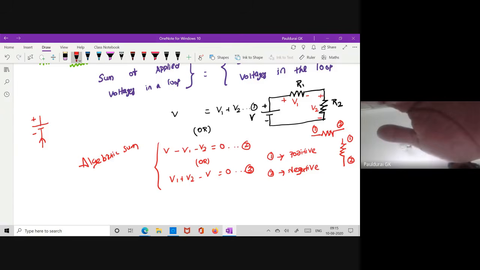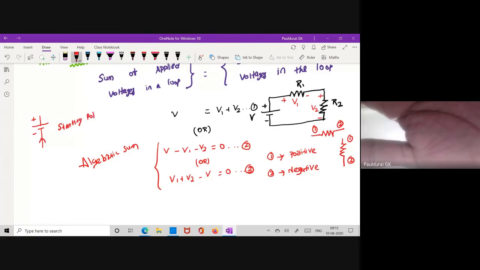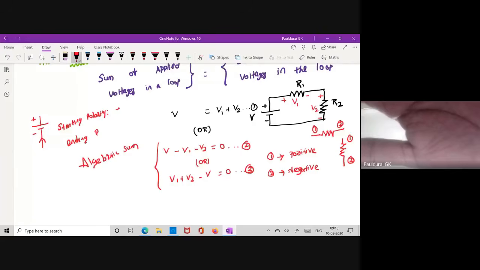Here you want to use the words starting polarity and ending polarity, like entering current and leaving current. What is the starting polarity? Negative. What is the ending polarity? Positive. So starting polarity negative, ending positive.